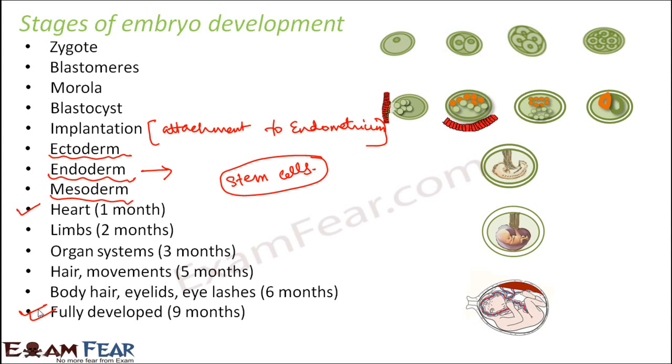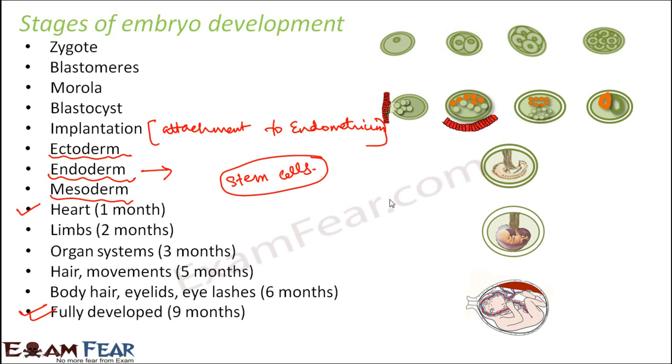So when it is fully developed, it is ready to come out, and that is when the female gives birth to the baby. So this is how the development of the embryo takes place inside the female's body, or inside the mother's body, for 9 months. And this 9 months period when the development takes place inside the mother's body is known as the gestation period.